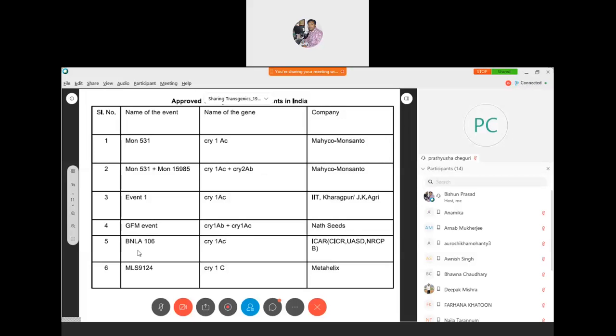And BNLA 106, which contains the single gene Cry1Ac, and which is done by ICAR. Then MLS 9124, which also contains the Cry1C gene. So these are the different events which contain different genes from different companies, and some of the public institutions are also involved in making the Bt transgenics.